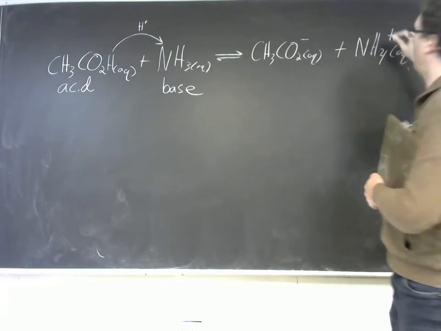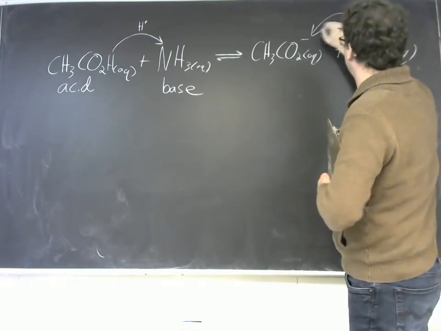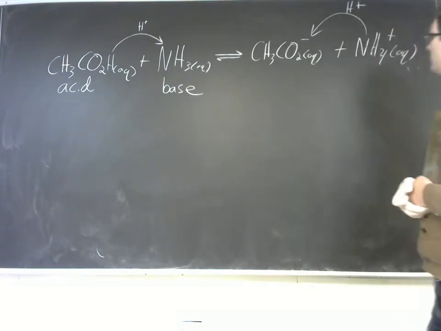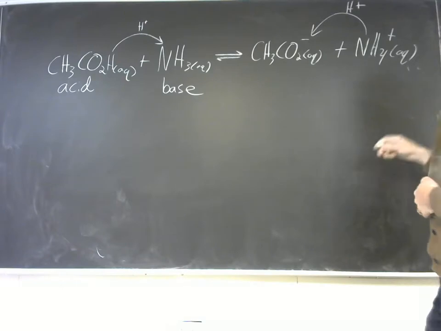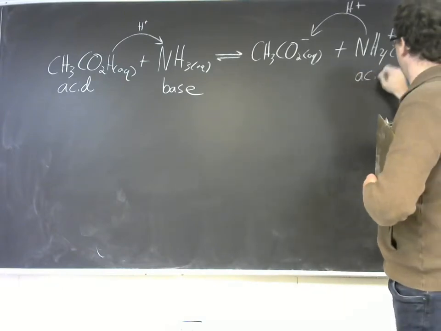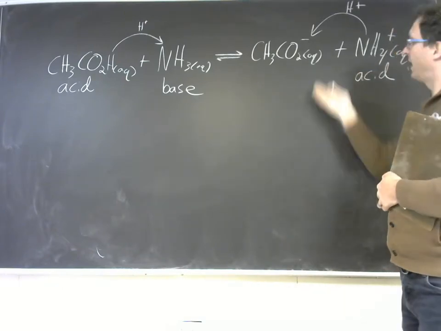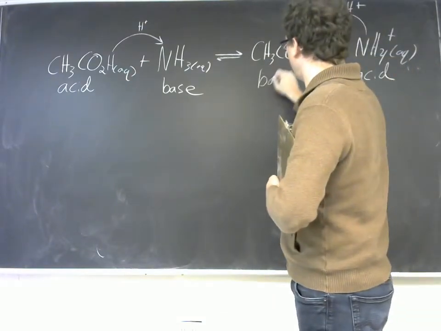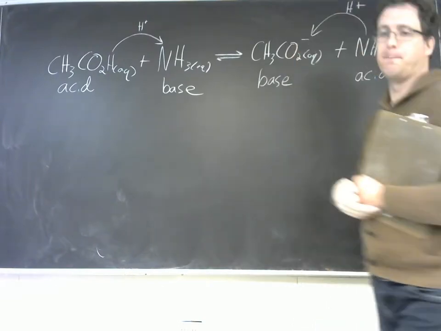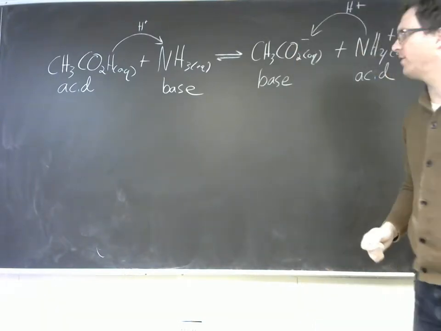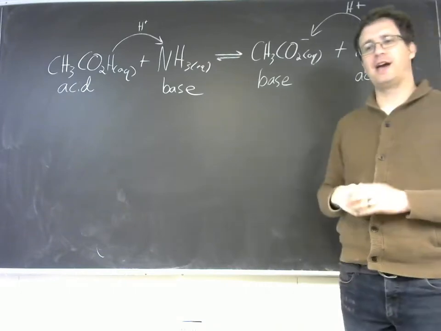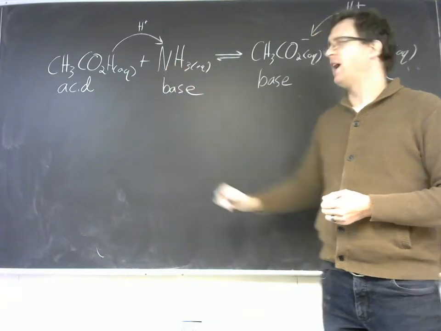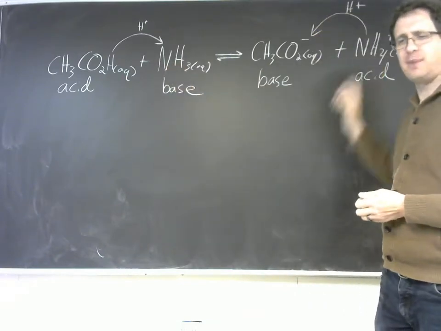Well, what's happening here is that the ammonium is donating an H+ to the acetate ion, and that makes this an acid. And the acetate ion is accepting that proton. That makes acetate a base. And so every acid-base reaction is going to have acids and bases as the reactants, and then also an acid and a base as the products.